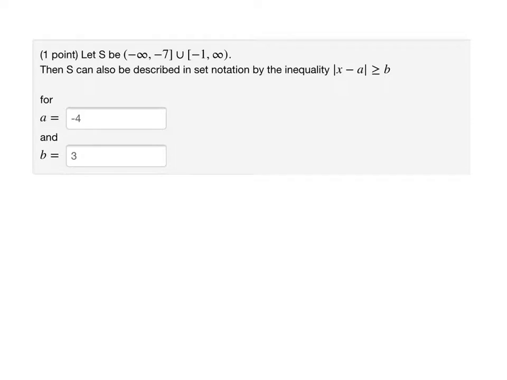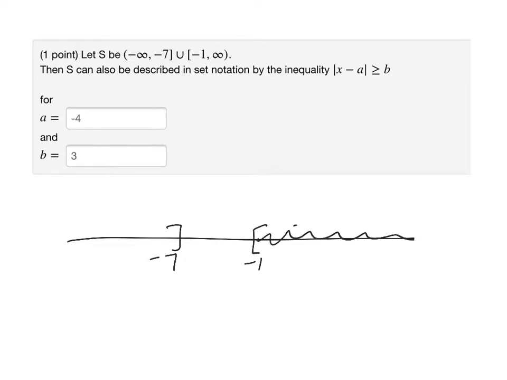All right, so as we take a look at this, I know that my answers are negative 7 and negative 1. Okay? What is the distance between those two?